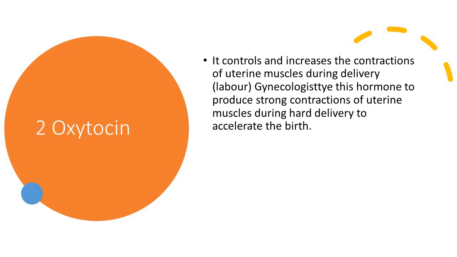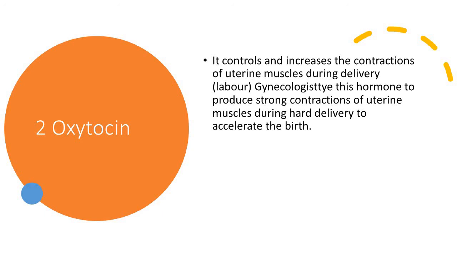Also, we have another hormone called oxytocin, which is used in delivering the child or baby, as this hormone increases the contraction and relaxation of the uterine muscle during labor or delivery of the baby.